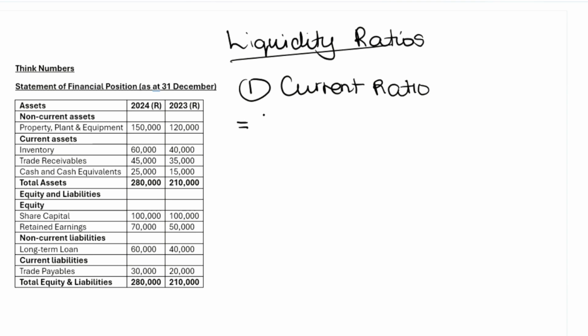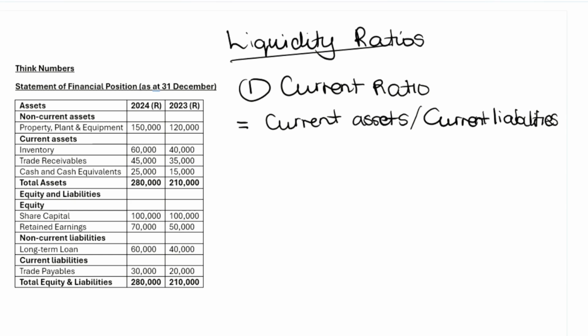So the formula for the current ratio is current assets divided by current liabilities. The way in which we're going to measure those ratios is we'll be looking at the number of times we are able to utilize our assets to pay off our short-term liabilities.